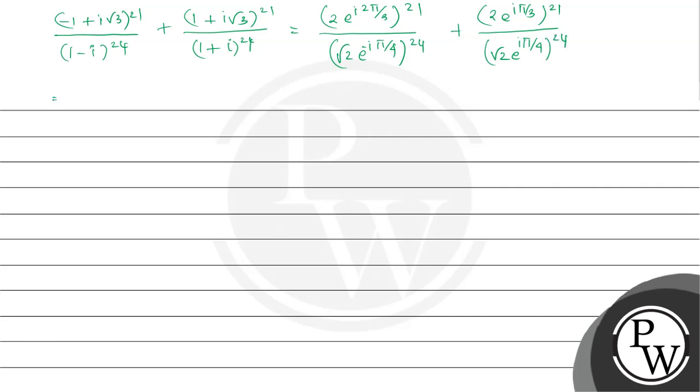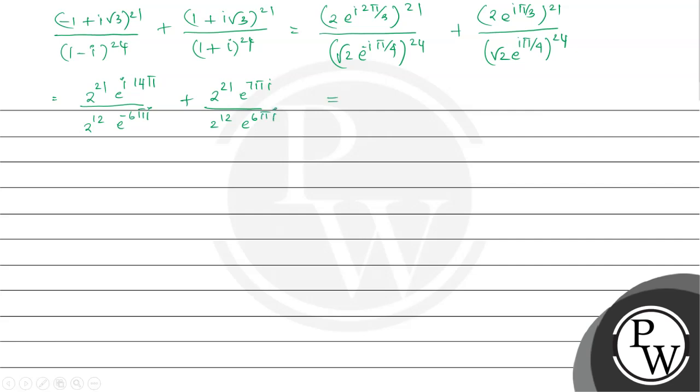We can write this as 2^21 e^(i14π) / (2^12 e^(-6πi)) + 2^21 e^(7πi) / (2^12 e^(6πi)).